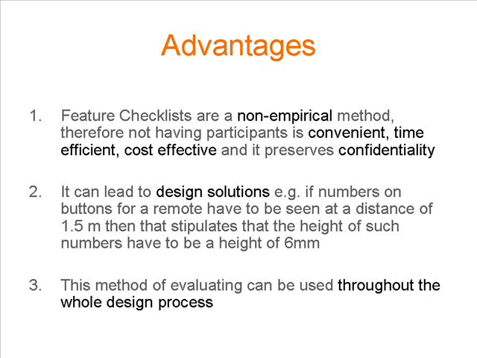It can lead to design solutions. For example, if numbers on buttons for a remote have to be seen at a distance of 1.5 meters, then that stipulates that the height of such numbers has to be 6 millimeters. 3. This method of evaluating can be used throughout the whole design process.